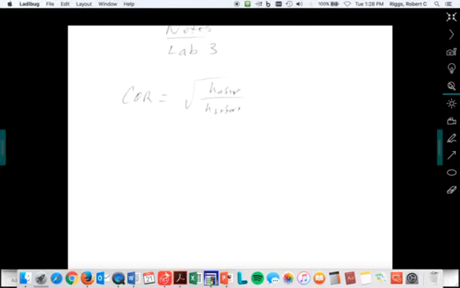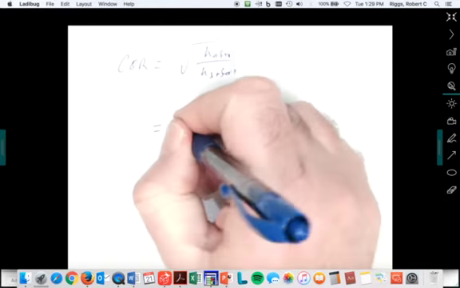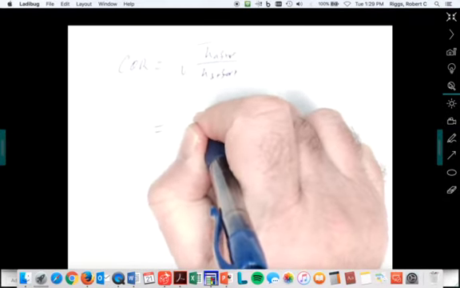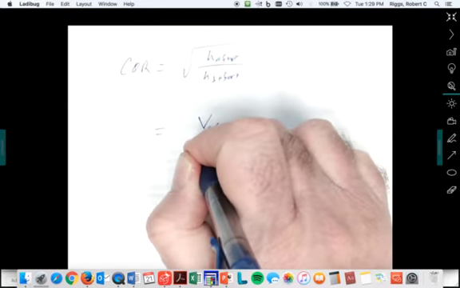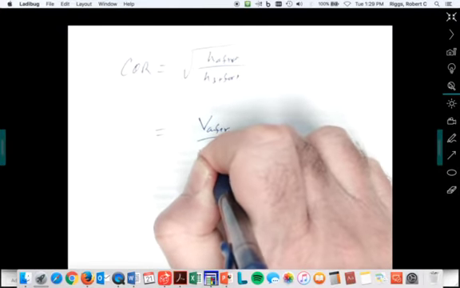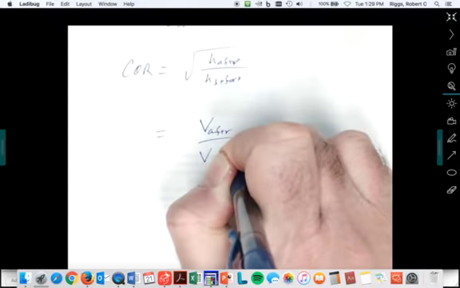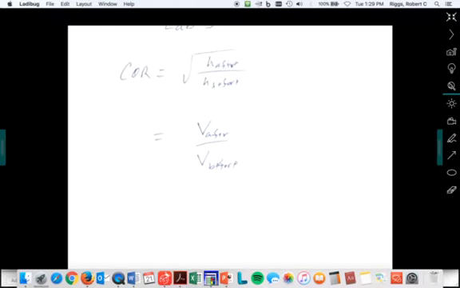Okay, so let's say it also is equal to the velocity or the speed after, let's go with speed, divided by the speed before. That's another one. All right, and this comes from the derivation of the energy before equals the energy after equations.